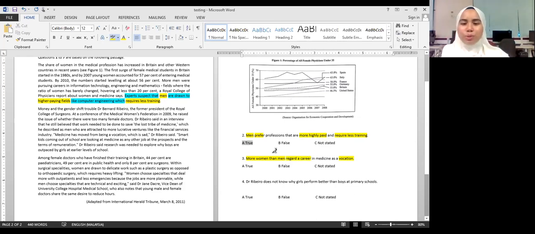Okay, so let's try to find the answer in the text. We need to scan for the keywords, as I have stated earlier. We have to scan for the keywords.